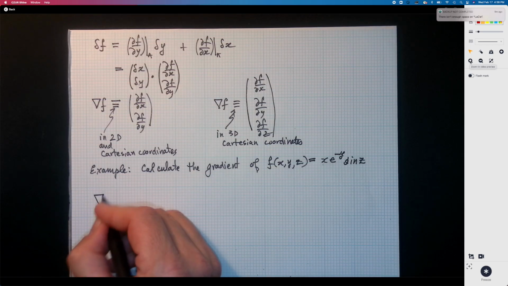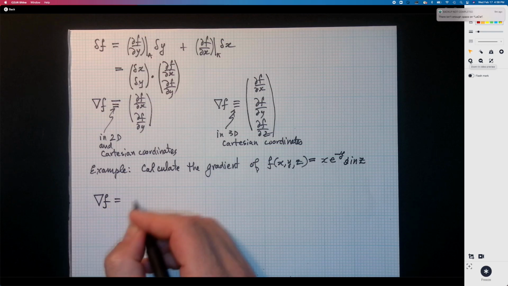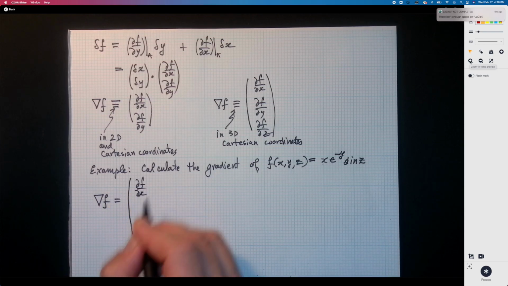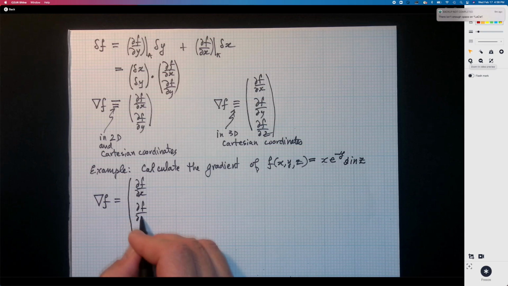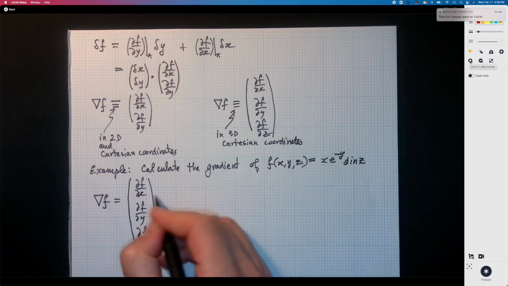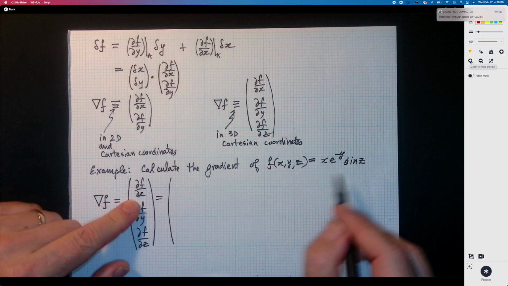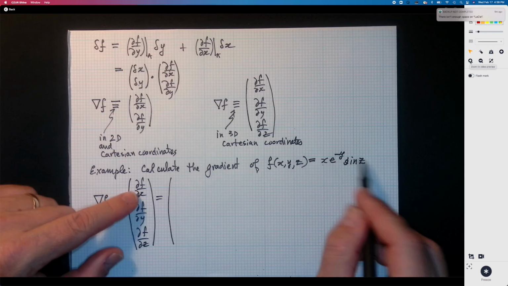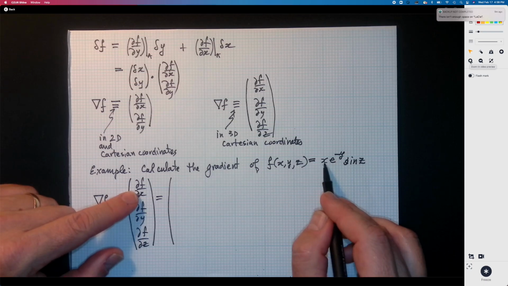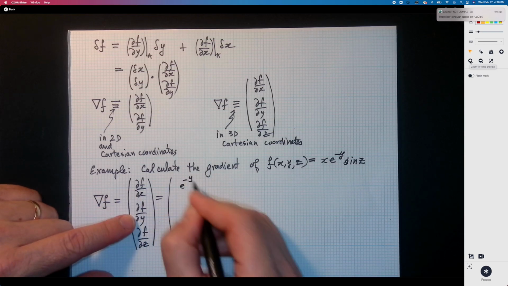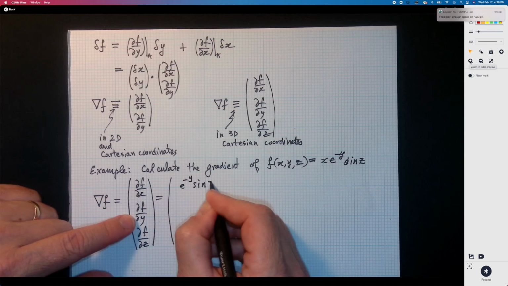So grad f is going to be equal to partial f partial x, partial f partial y, partial f partial z. We'll have 3 components. And partial f partial x, well, when I take the partial derivative, y and z are treated as constants, and so the derivative with respect to x is just going to give me back the constant, which is e to the minus y sine of z.